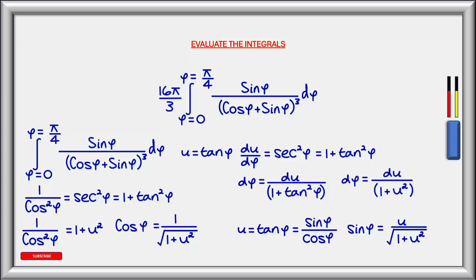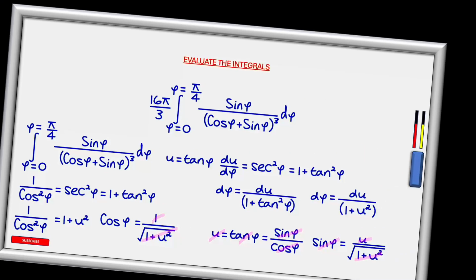And for sin φ, we know that u is equal to tan φ, and tan φ is equal to sin φ divided by cos φ. And we know that cos φ is equal to 1 divided by the square root of 1 plus u squared. Therefore, sin φ is equal to u divided by the square root of 1 plus u squared.